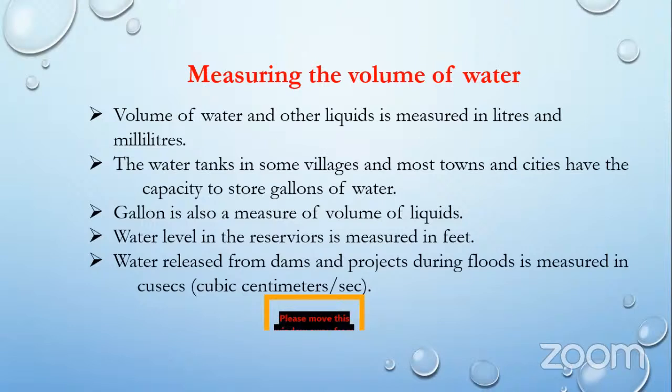And also water released from dams and projects during floods is measured in cusecs. అంటే క్యూబిక్ సెంటీమీటర్ పర్ సెకండ్ ఎంత వదులుతున్నారా డ్యామ్ నుంచి అన్నది మనకు చెప్తారనమాట. సమ్ క్యూసెక్స్ అంటే క్యూబిక్ సెంటీమీటర్స్ పర్ సెకండ్ అంటే మనకి ఎంత అంటే ఒక క్యూసెక్స్ ఈజ్ ఈక్వల్ టు సమ్ 25 లీటర్స్ లాగా ఉంటుంది అనమాట. సో దట్ దే విల్ మెజర్.